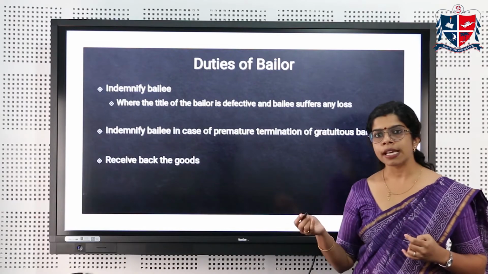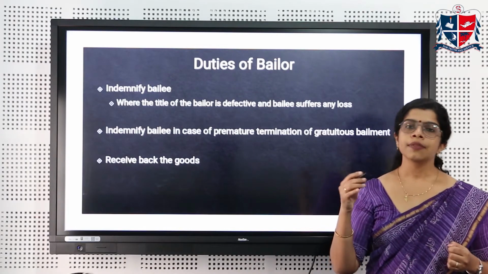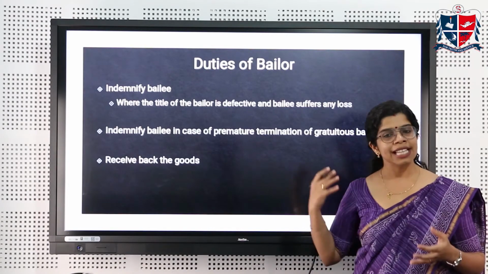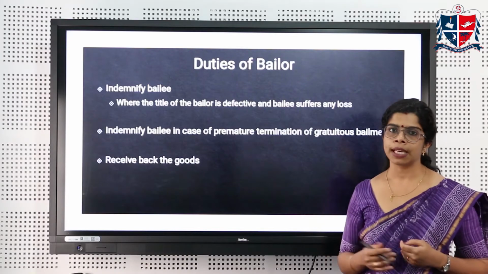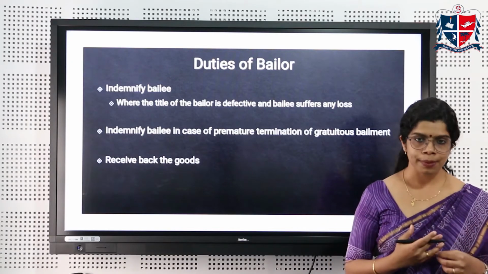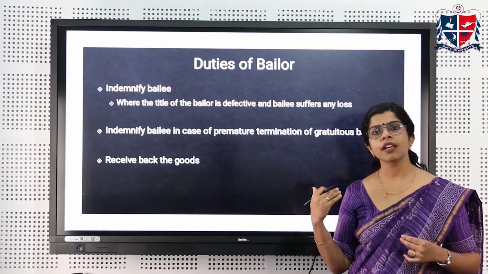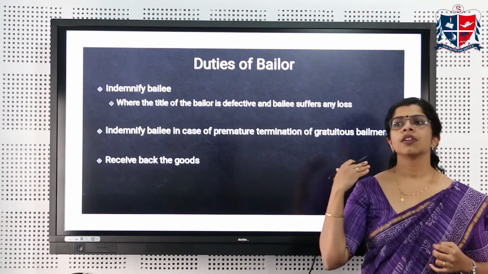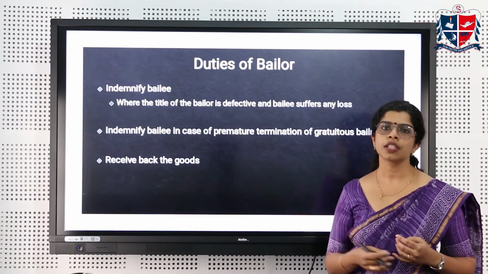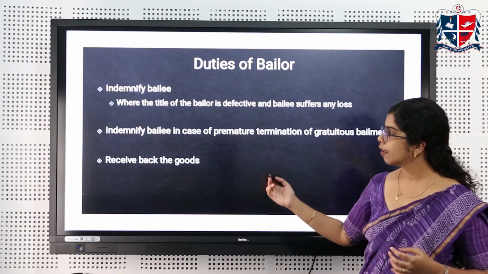But at the same time, during that period, if the bailee incurs any expenses with respect to the goods, that has to be reimbursed by the bailer. Because there is a premature termination of contract, it is the responsibility of the bailer to reimburse those expenses back to the bailee in case of premature termination of bailment.